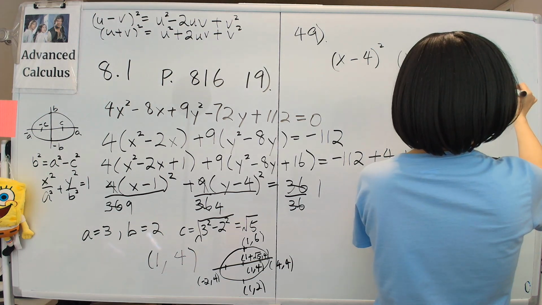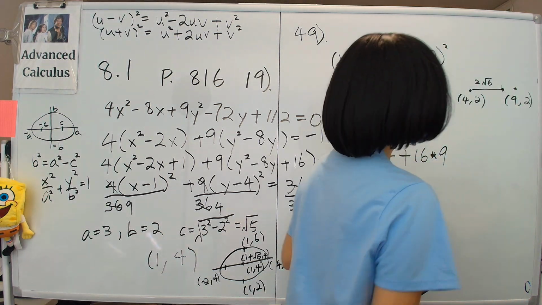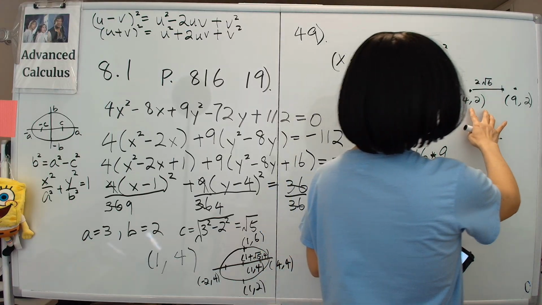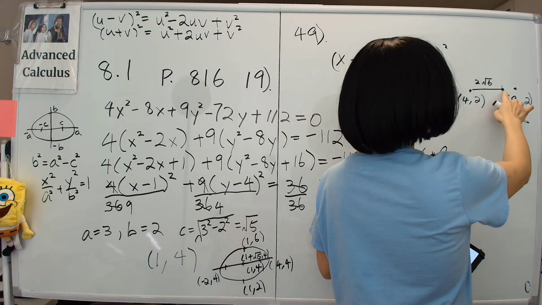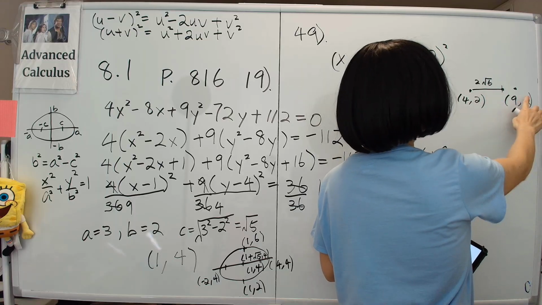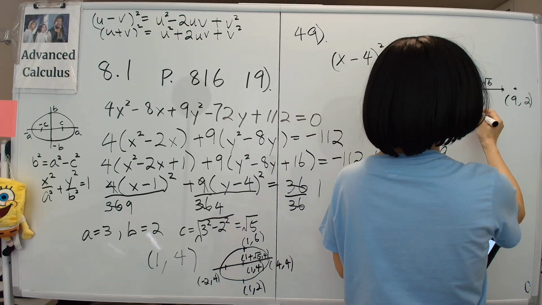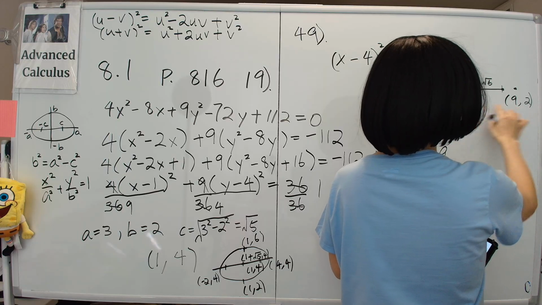The focal point is right here, which means, with that information, we should be able to find it. A is on the major axis, the longest axis. So this distance here is 5, because 9 minus 4 is 5.